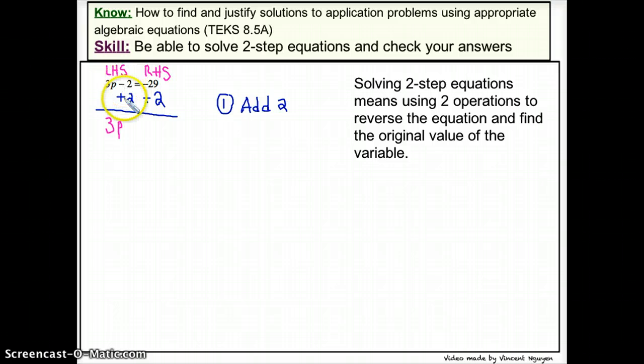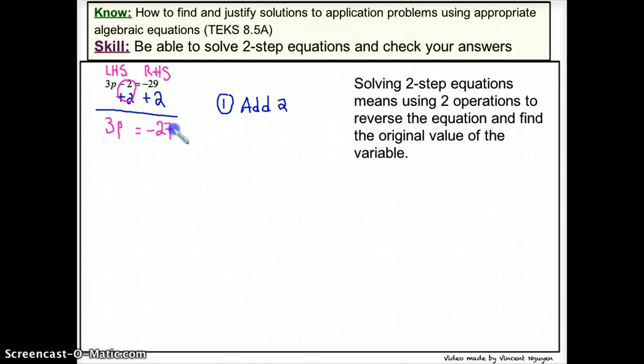But the minus 2 and the plus 2 actually zero out, so all of this turns into a 0. Therefore I have only 3p left on the left-hand side. On the right-hand side, however, instead of negative 29 originally, since I added 2, negative 29 and positive 2 make negative 27.